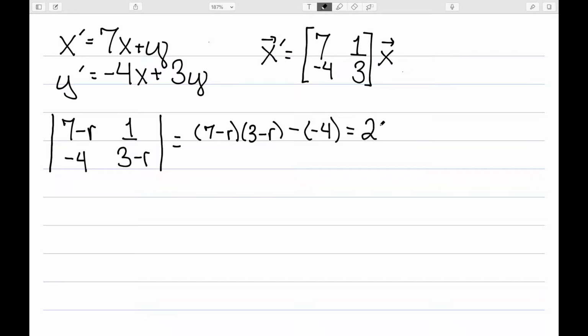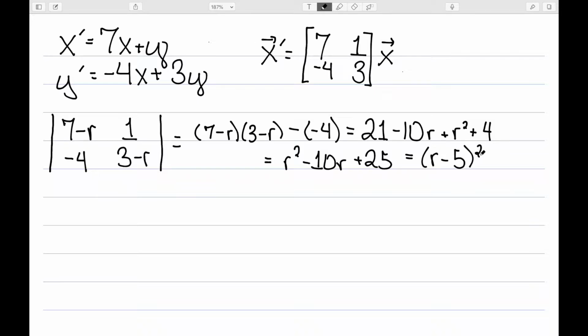Multiplying this out gives me 21 minus 10r plus r squared plus 4. Rewriting, I get r squared minus 10r plus 25, which is r minus 5 squared. And I really want to know, when is this determinant equal to 0? Well, we can see that happens at 5, and this time there's only one repeated root.